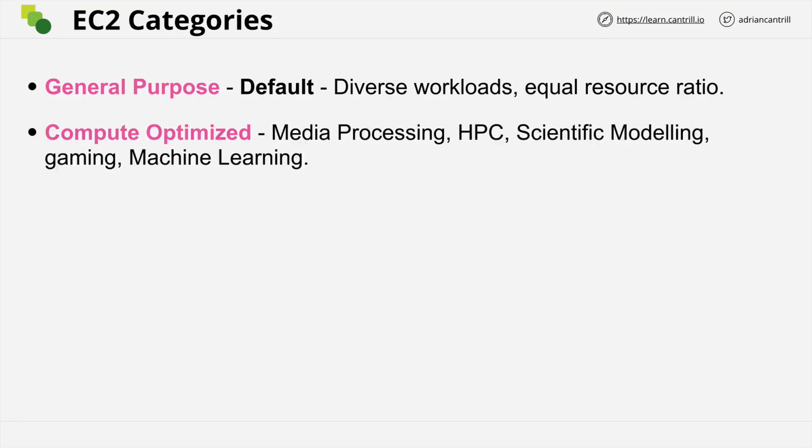We've also got the compute optimized category, and instances that are in this category are designed for media processing, high performance computing, scientific modeling, gaming, machine learning, and they provide access to the latest high performance CPUs, and they generally offer a ratio where more CPU is offered than memory for a given price point.